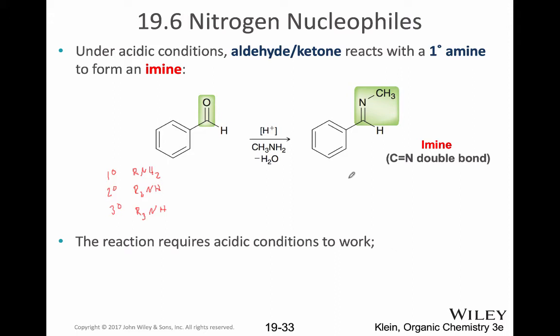When I have a nucleophilic addition with oxygen, that oxygen is only going to be bound to two things. If one of those things is already a carbon, you're not going to have that oxygen make a double bond. But nitrogen has this ability to add twice, and we'll see that in the next slide.